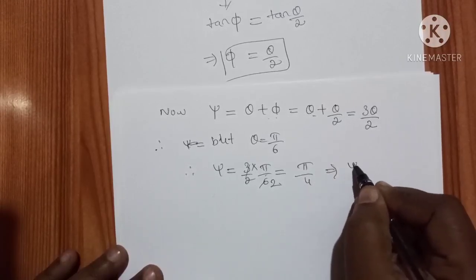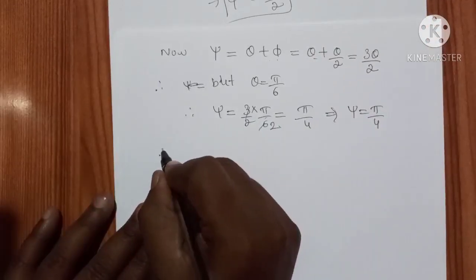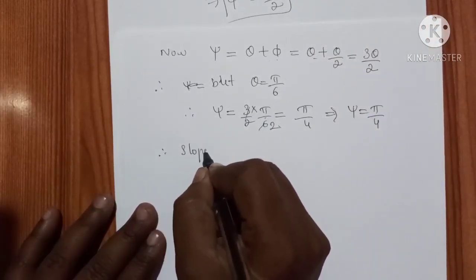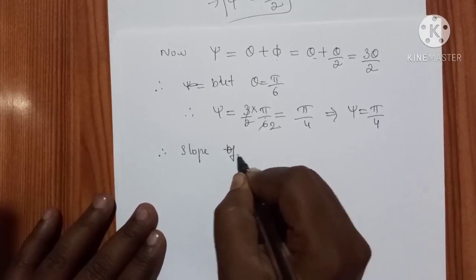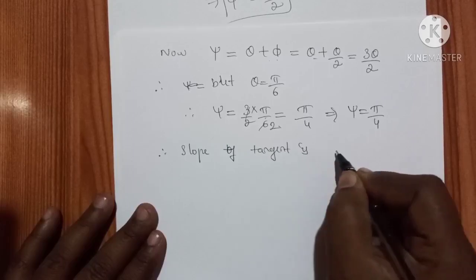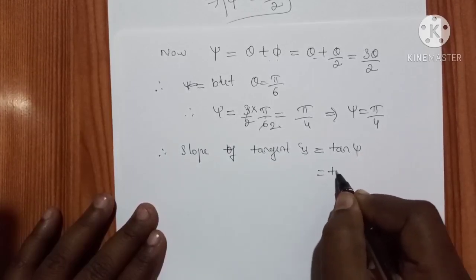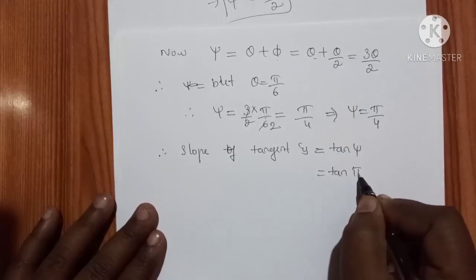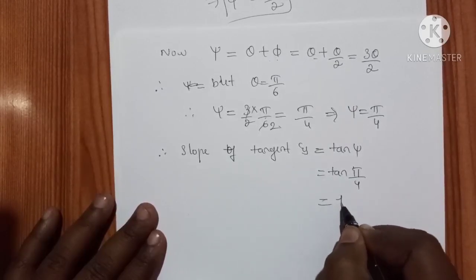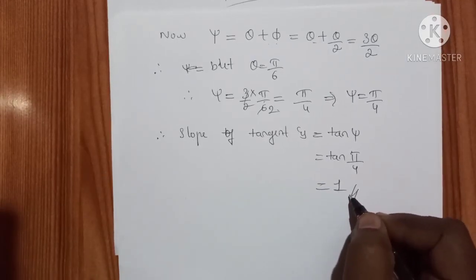So we get psi equals pi by 4. Therefore the slope of the tangent equals tan psi, which is tan of pi by 4, which equals 1. Thus the slope of the tangent to the given curve is 1.